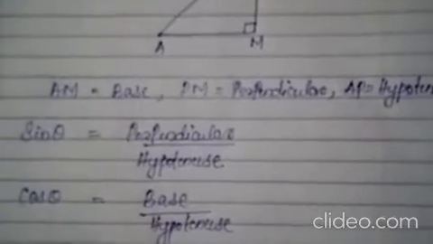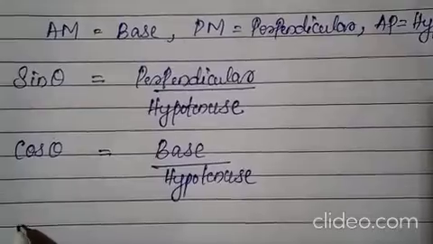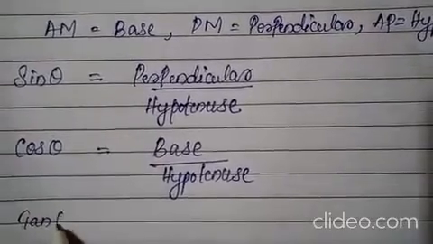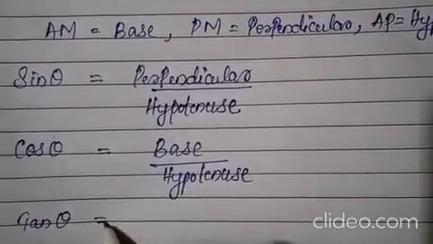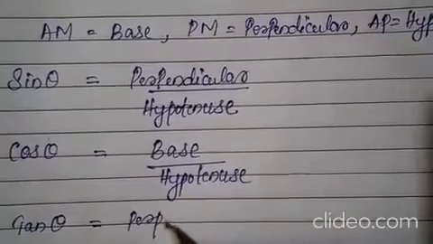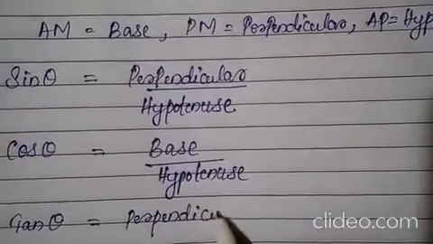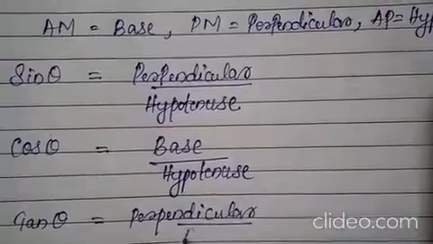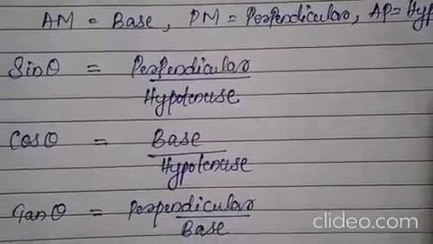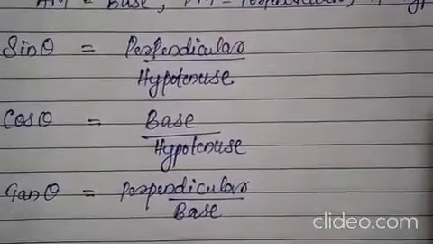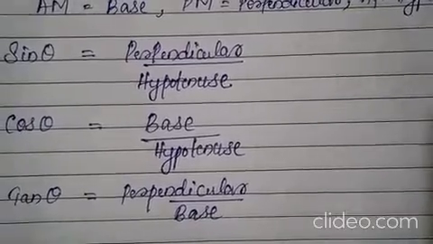The next one is tangent theta, or tan theta. Tan theta equals perpendicular by base. Next, the fourth one is cosecant theta, or cosec theta.